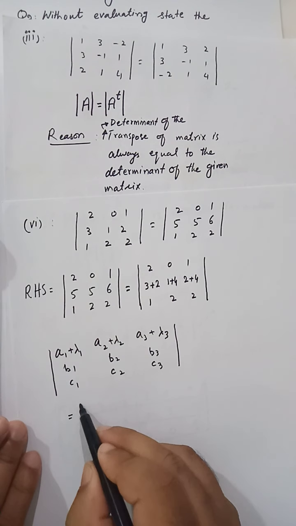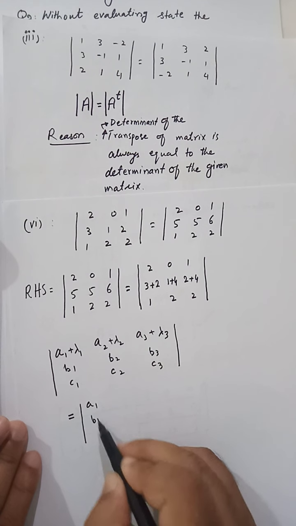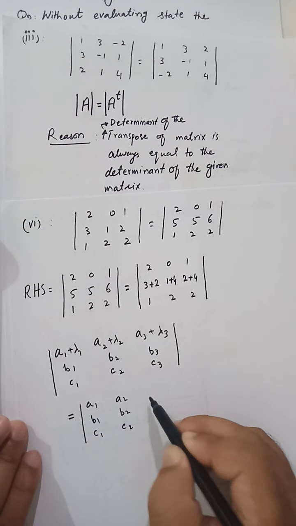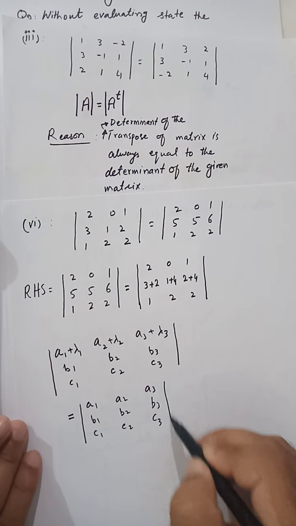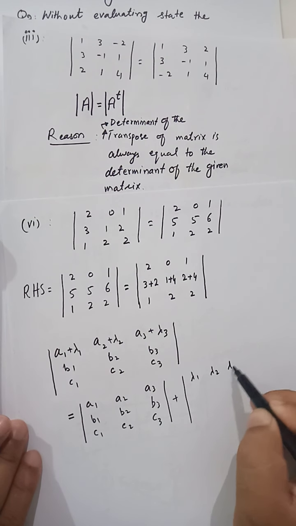So this determinant can be converted into two determinants, and this is the way to convert this determinant into two determinants.